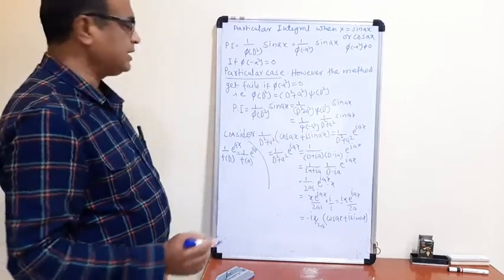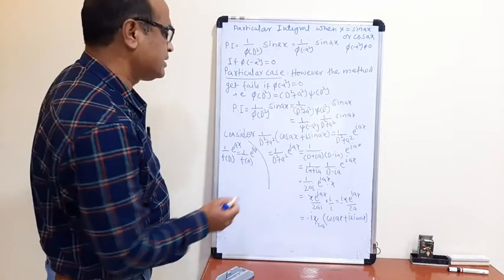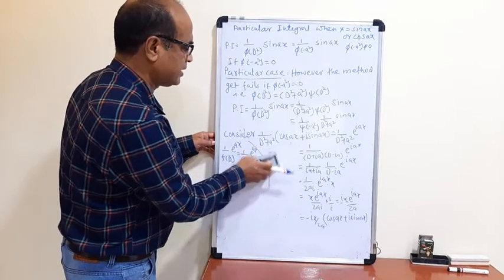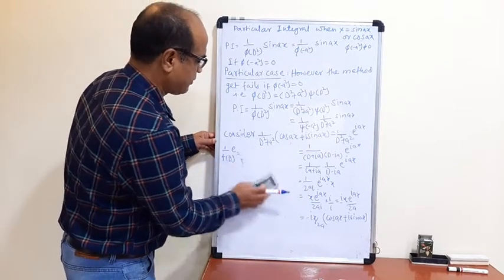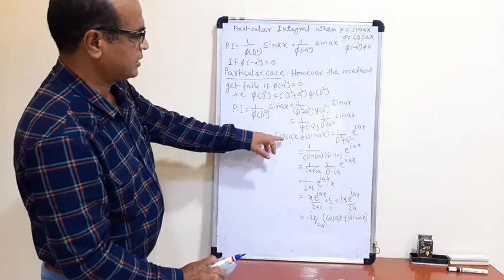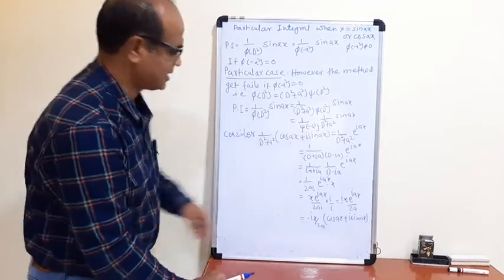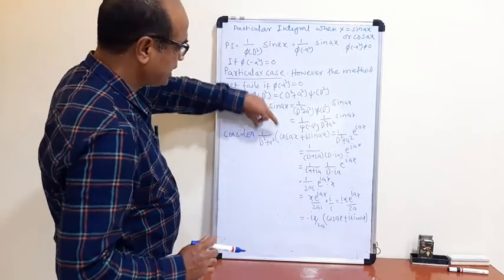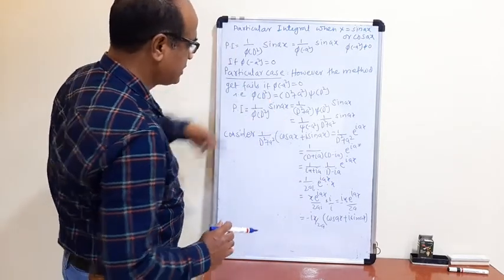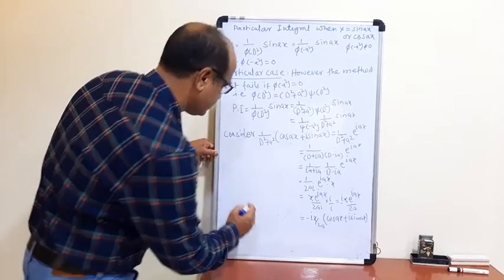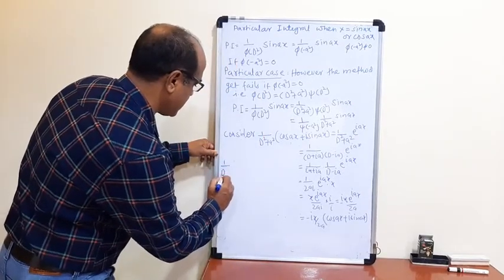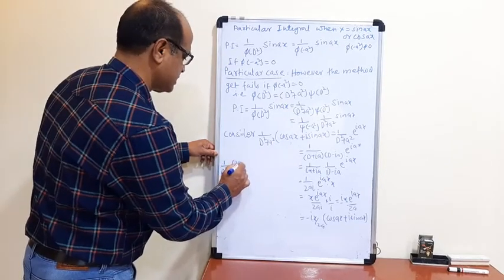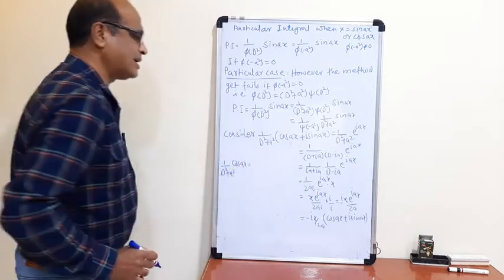So now comparing the real and imaginary parts. We start from here. 1 upon d square plus a square, cos x plus i sin x is this. So by comparing real and imaginary parts, what is the real part here? 1 upon d square plus a square cos x is the real part in the left hand side.